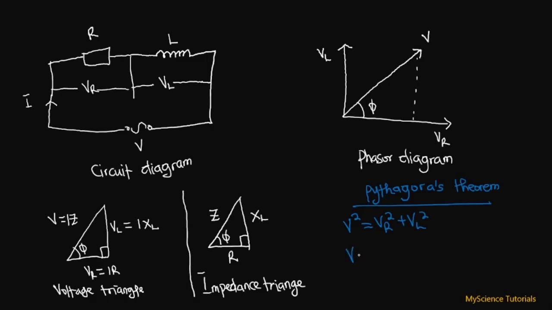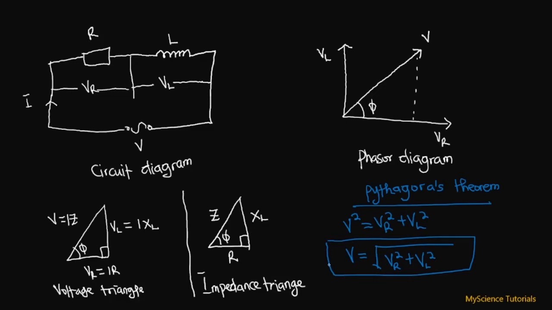If we make V the subject, we are going to have the square root of VR squared plus VL squared. And now this is what we are calling the phasor sum, the phasor sum of the resistive voltage and then the inductive voltage to get the applied voltage.